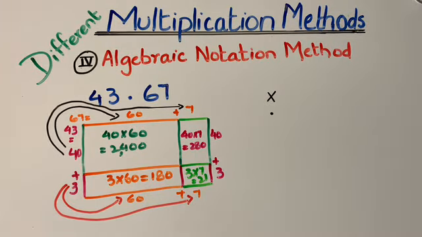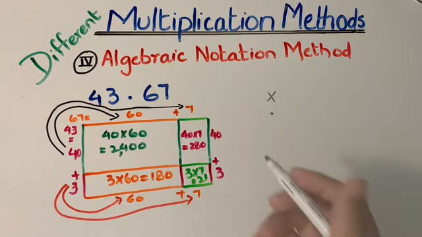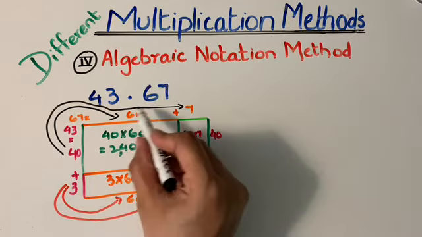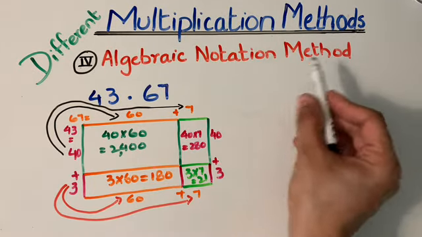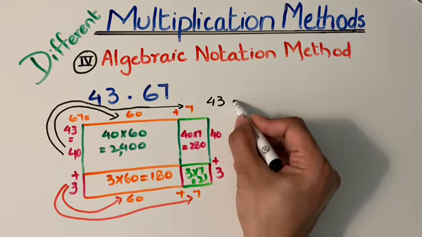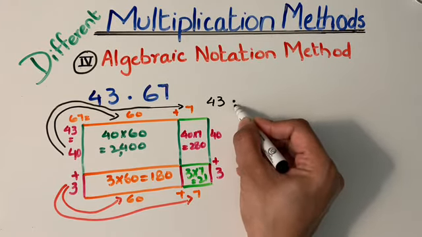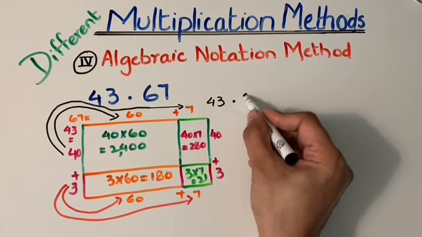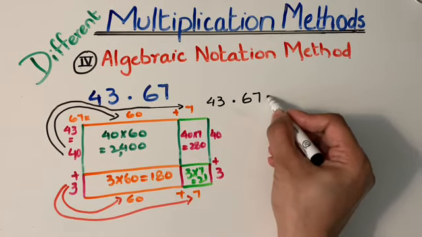The algebraic notation method helps us to understand what's going on in the multiplication process. Let's multiply 43 times 67 using the algebraic notation method. 43 times, this sign we use in algebra for multiplication, times 67.